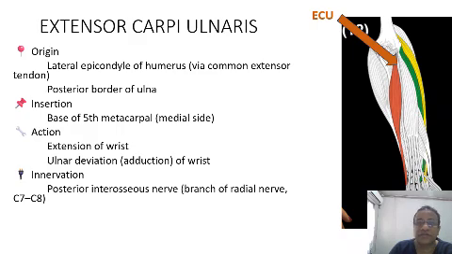Its insertion is at the base of the fifth metacarpal bone, which aligns with its role in ulnar deviation. You can palpate its tendon just medial to the extensor digitorum when the wrist is extended and deviated to the ulnar side.